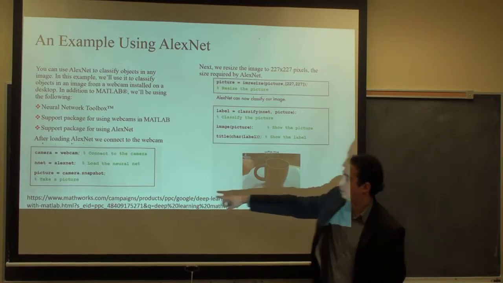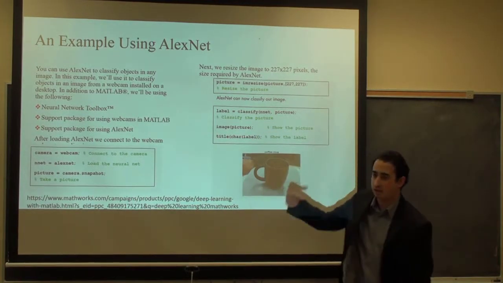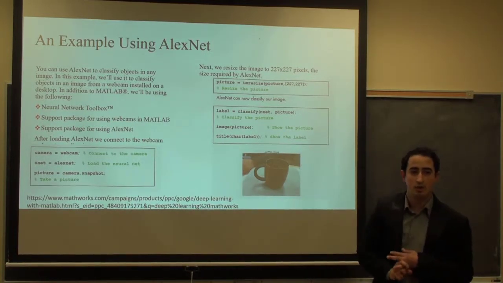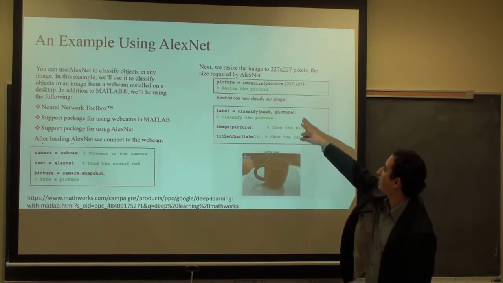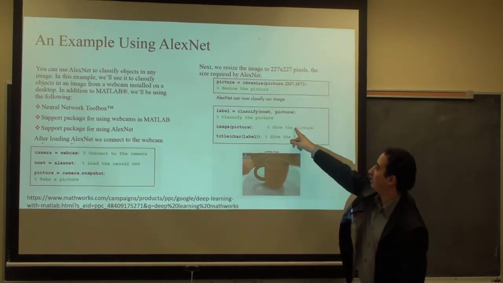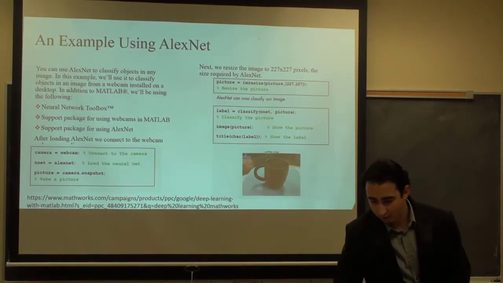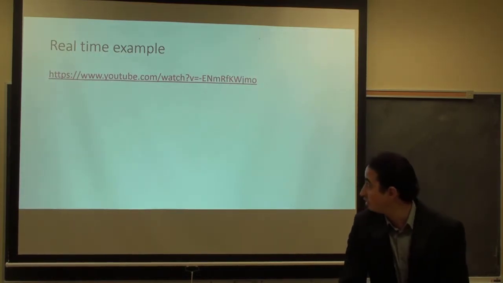Then the next line, they call in the neural network AlexNet. Then they take a snapshot. AlexNet only works with 227 by 227 images, so they resize the image, then classify it, then label the image. And next we're gonna see a video that demonstrates this.